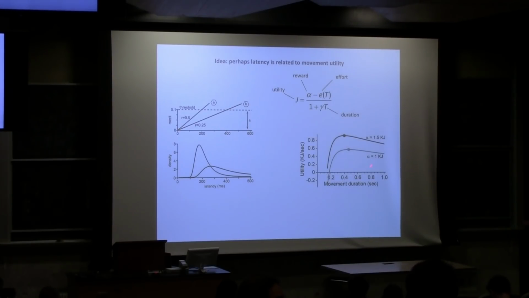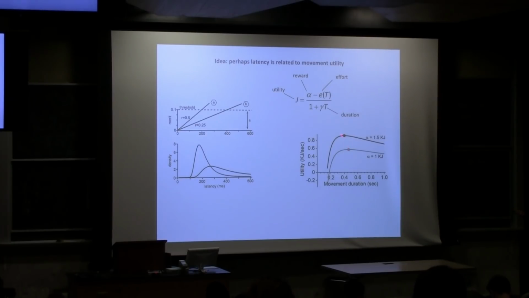And so say that you have low reward. Here's the utility function as a function of duration of your movement. The duration of the movement is optimum here. But if you increase the reward, then the peak value of the utility rises and the duration of the movement becomes less. This duration has to do with the vigor of your movement.